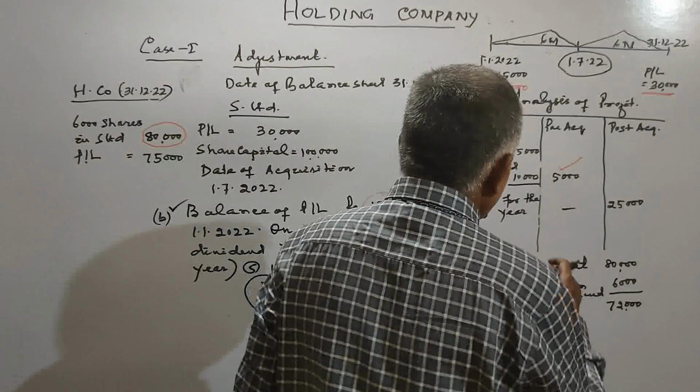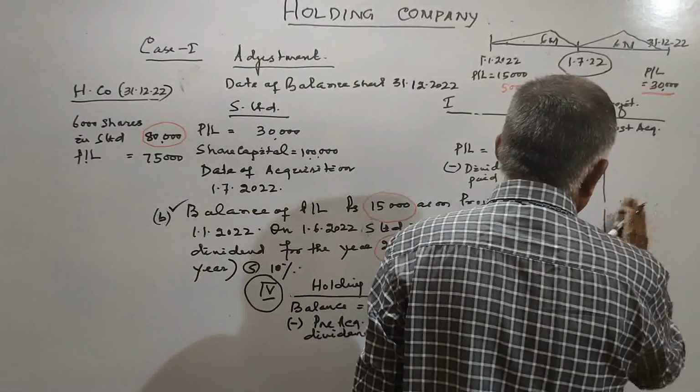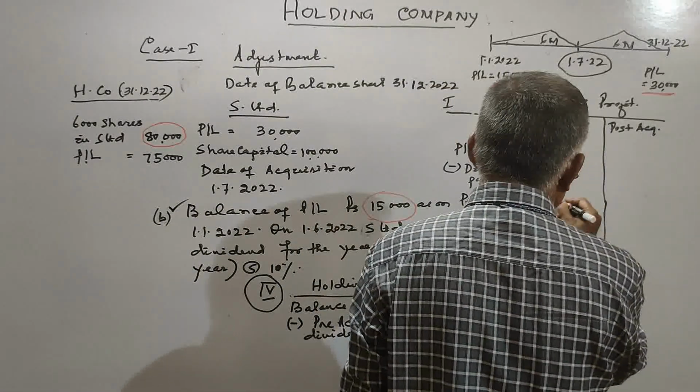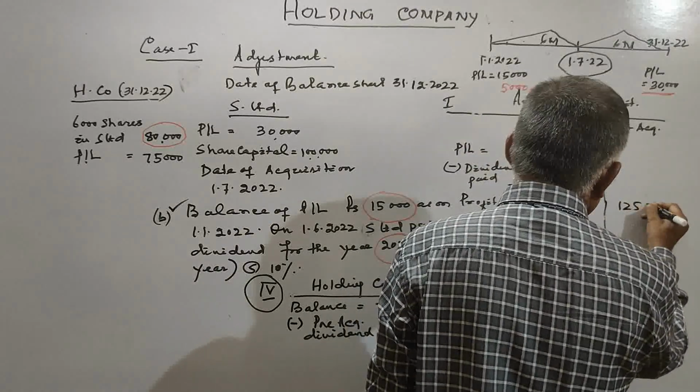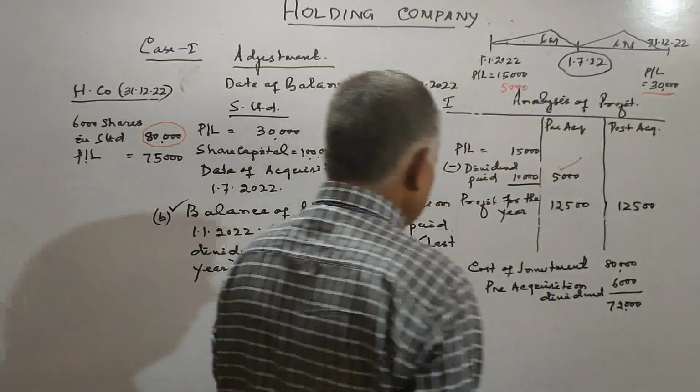So half of the profit will come over here, half of the profit will come over here.